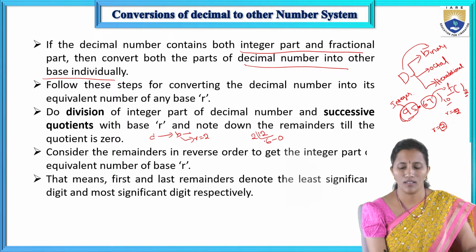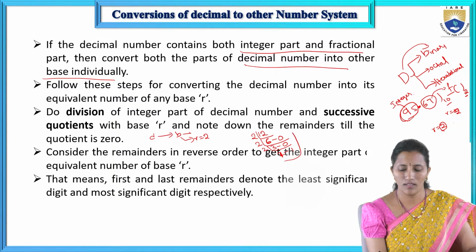Note that down. Next, take the quotient 6 and divide it by radix 2: 2 3s are 6, again the remainder is 0. Then 2 1s are 2 and the quotient is 1, the remainder is 1. After that we can't do the division.